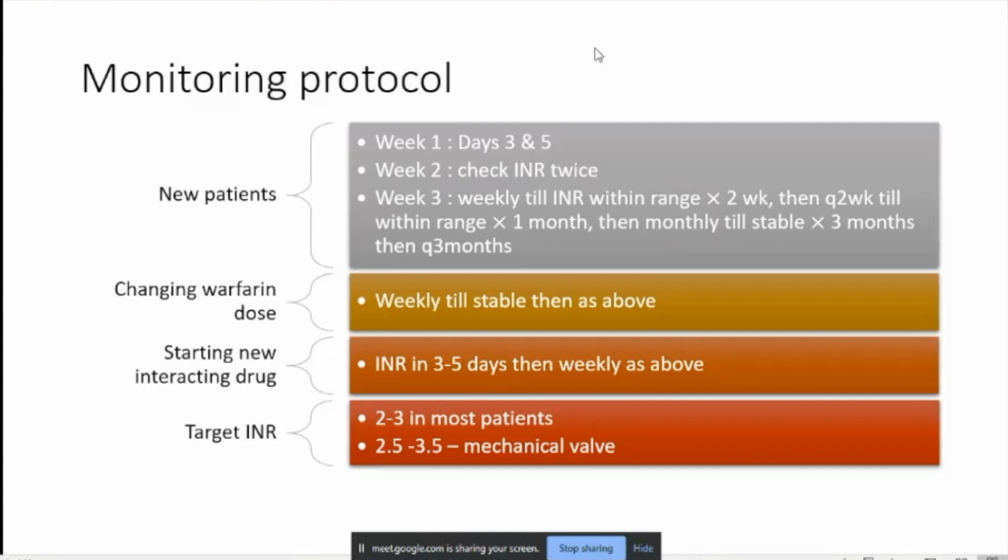If the physician is changing the warfarin dose, the patient has to do the INR. If the physician is starting or discontinuing an interacting drug, then again the patient has to monitor the INR. So in pretty much every situation, the patient has to monitor the INR related to warfarin.